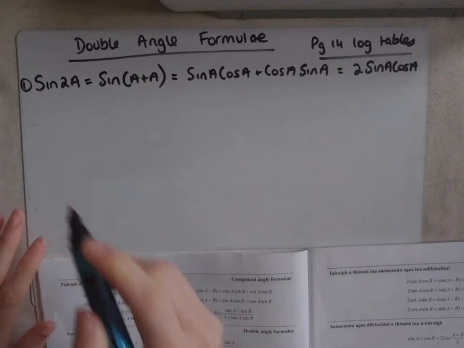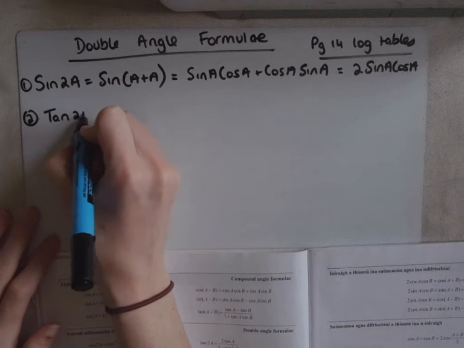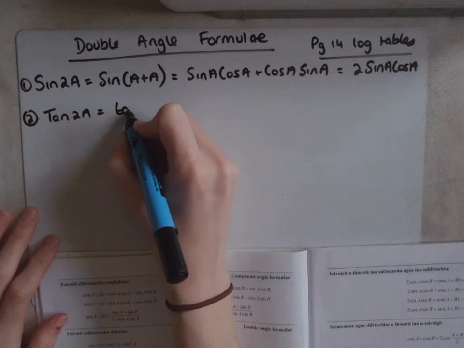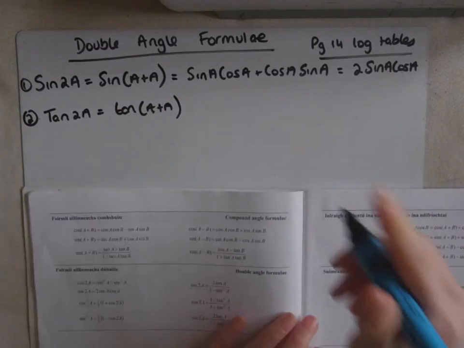Second one we're going to do is tan. So that's tan of A plus A. That's quite like the homework we just did.